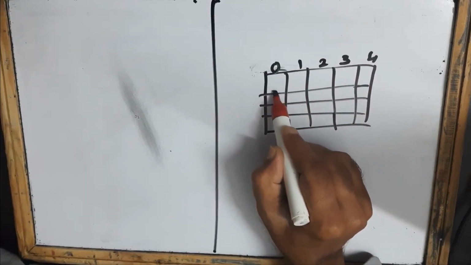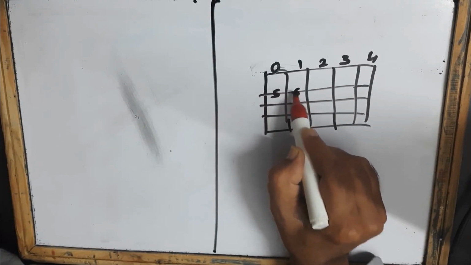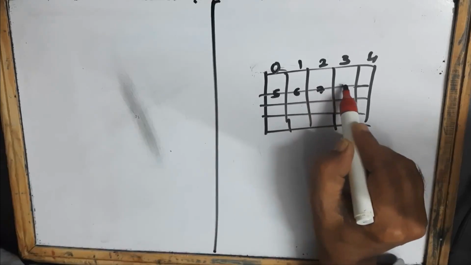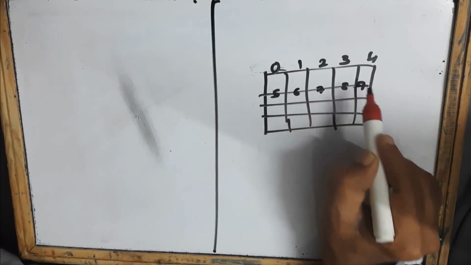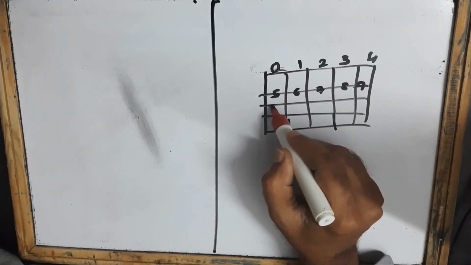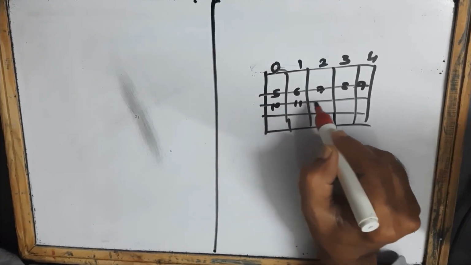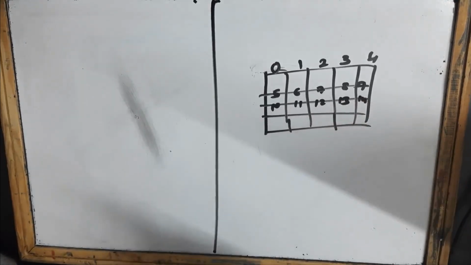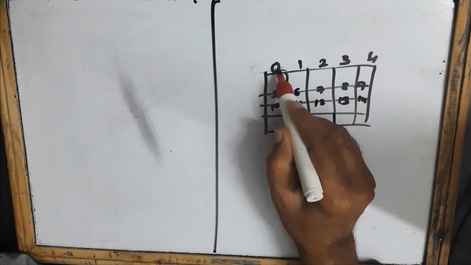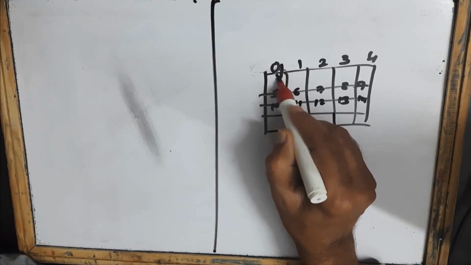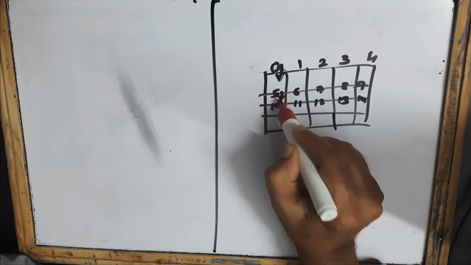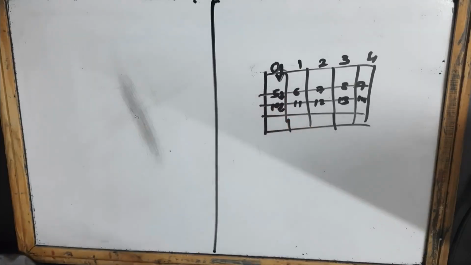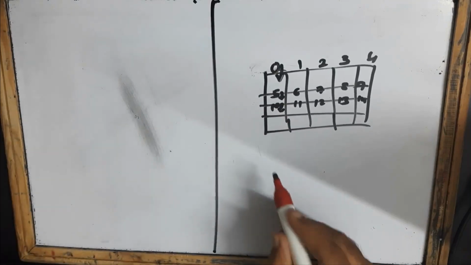Then comes 5, 6, 7, 8, 9, 10, 11, 12, 13, 14. So normally each of these points to a memory location.